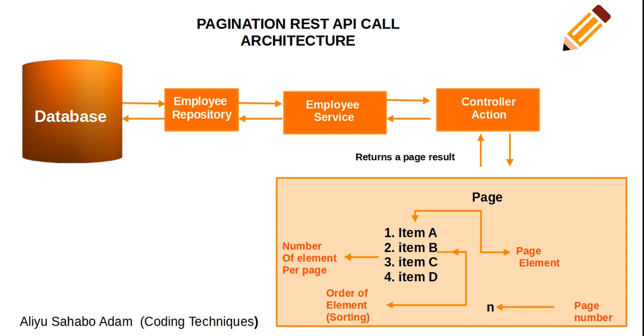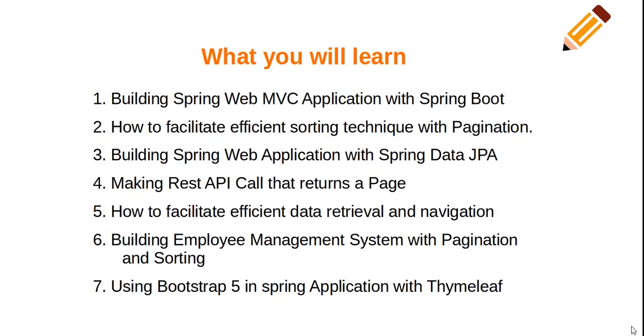So this is what we will have in the response. Not only that, we will also have the number of items in the current page, the number of items per page, the current page number, and the total number of elements available. We will implement this in the service later. Okay, so this is the architecture.